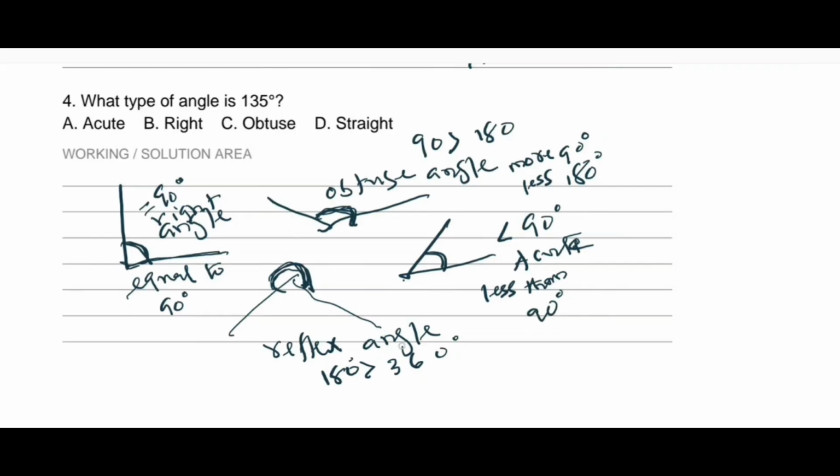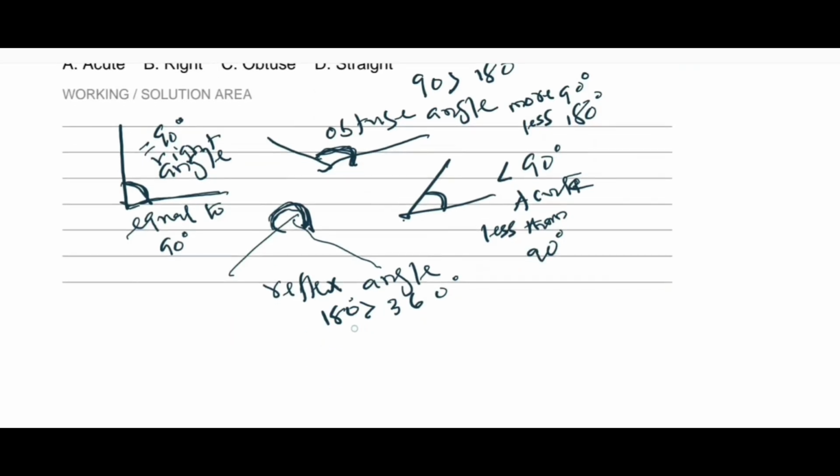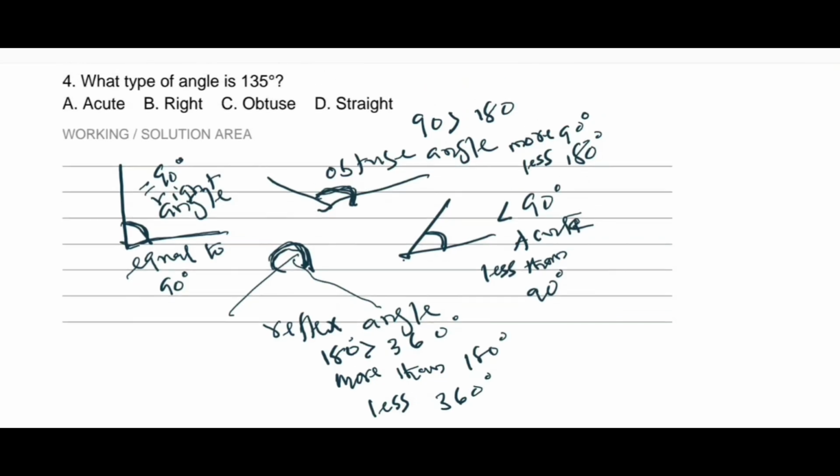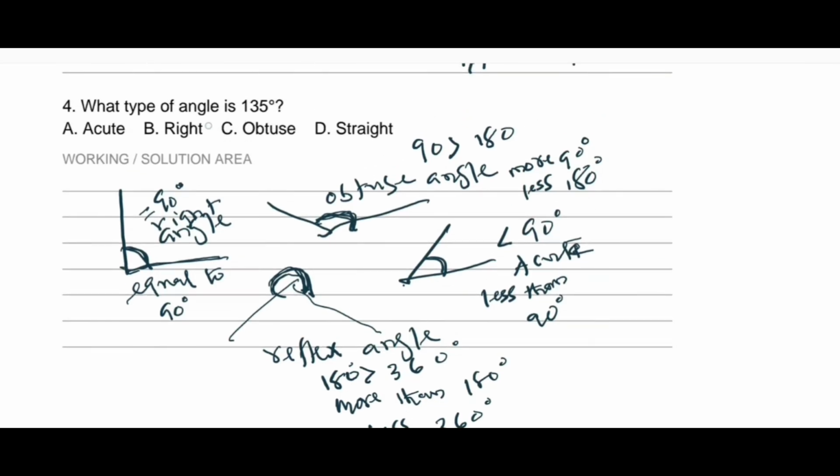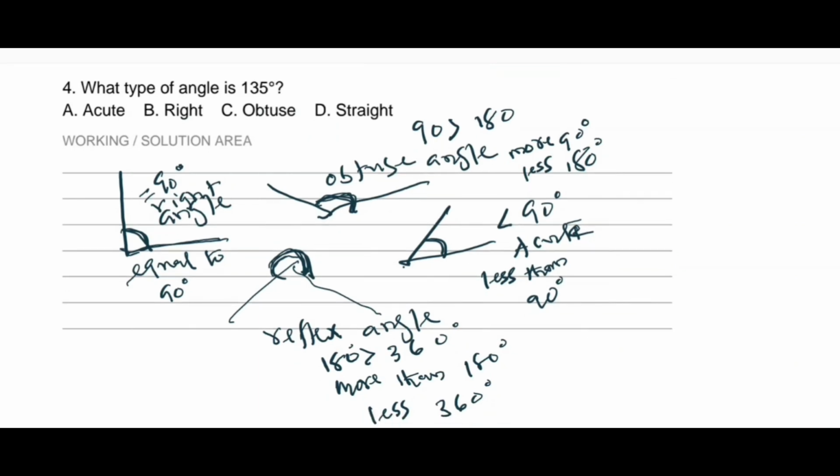And then a reflex angle is more than 180 degrees, but less than 360 degrees. So, what type of angle is 135 degrees, looking at the examples that we have put here so far?